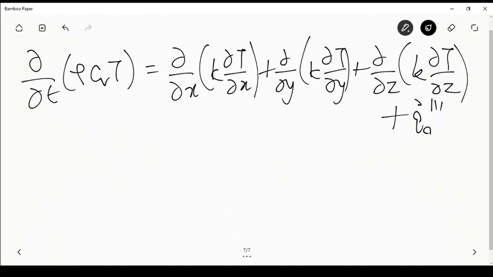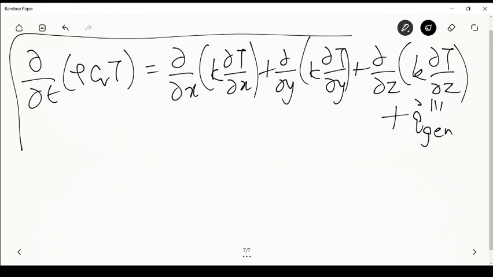Now this equation is what we call the heat conduction equation.